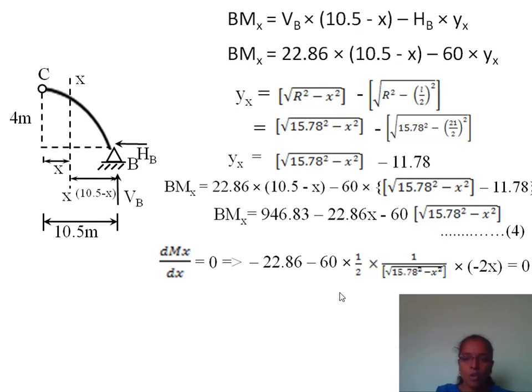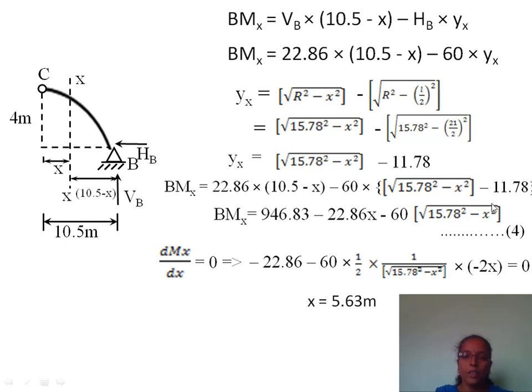On simplification we get the value of x as 5.63 meters. The details of simplification are given in the study material, you can refer to that.